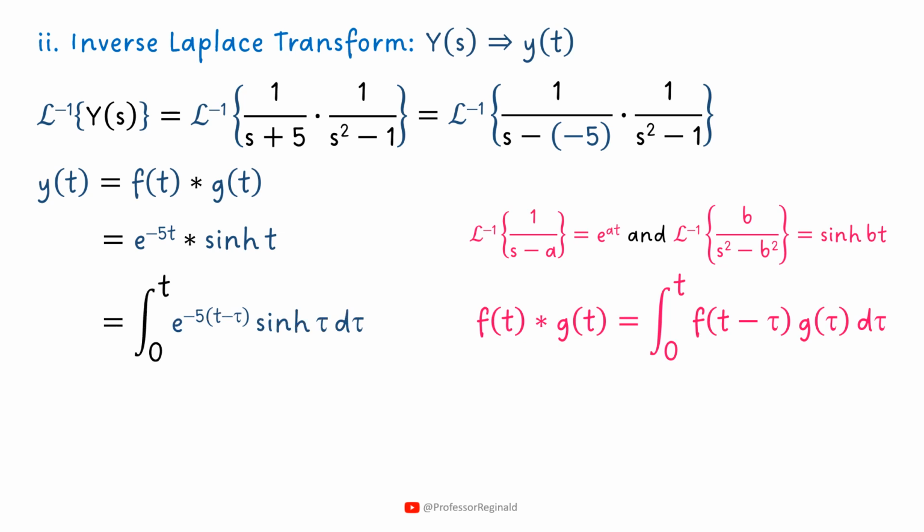Rewrite the exponential factor, so that the integrand can be simplified. Because this exponential factor does not depend on the variable of integration, it can be moved outside the integral.